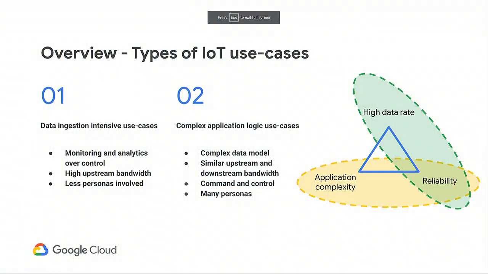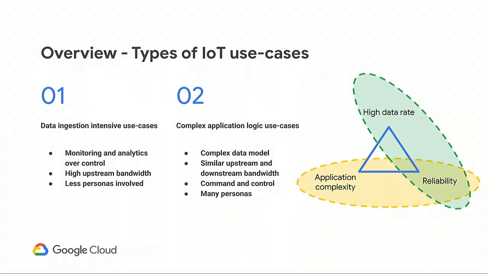Both Preston and I have been working on IoT projects for almost 5 years now. And we have seen two main patterns emerging when it comes to IoT use cases. The first one, I like to call data ingestion intensive or data ingestion heavy use cases.